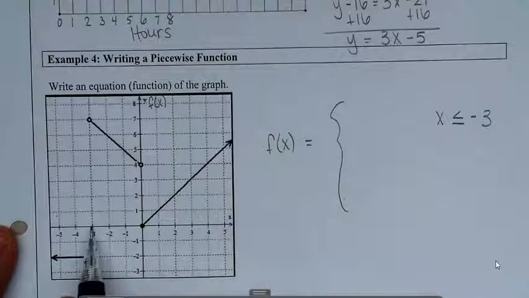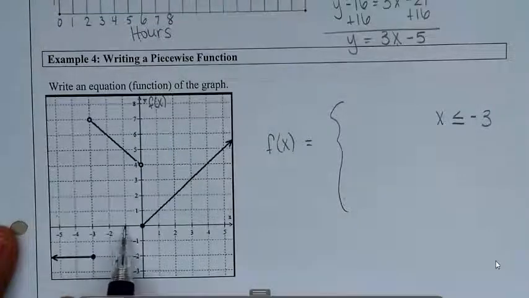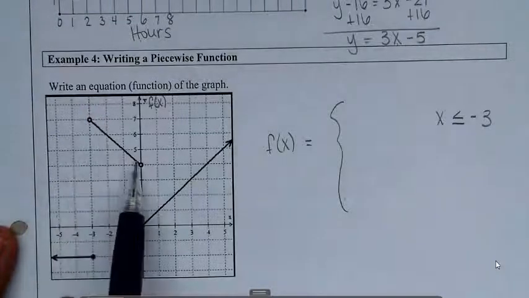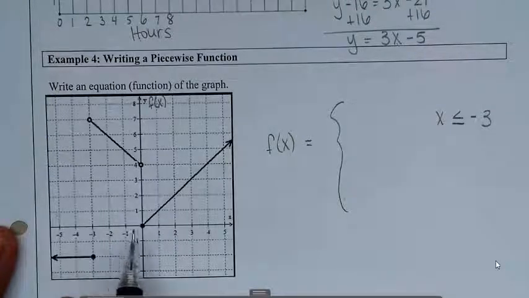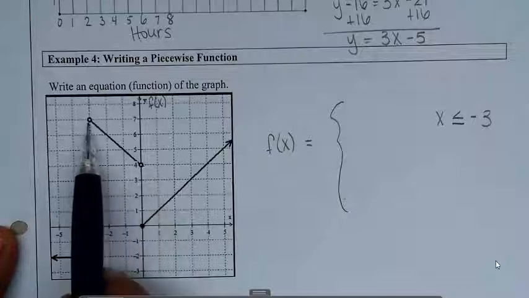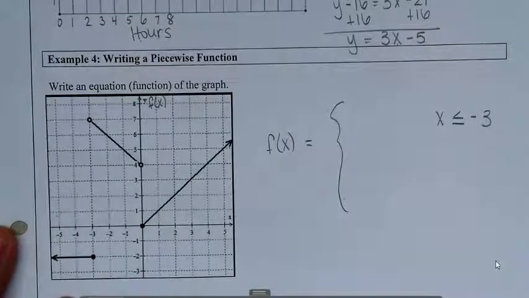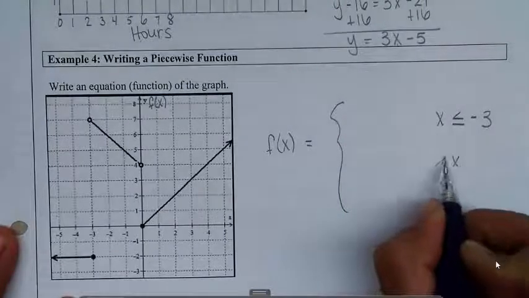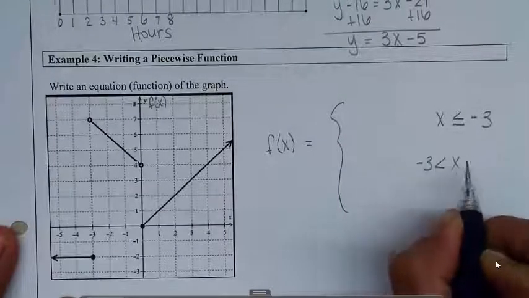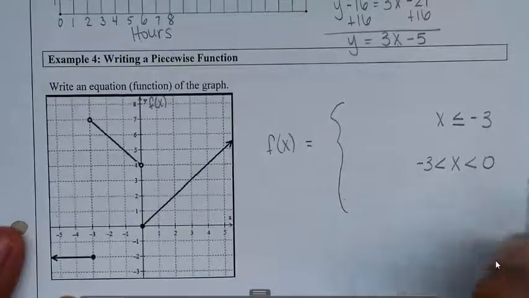Okay, I'm looking, what is my domain of these pieces? And the domain is all your inputs, or the x-axis. So looking at this piece of the function, my domain seems to go from negative 3 to 0. But notice how these are both open dots. So there will be no equal to at all. Okay, so for that one, x is going to be in between negative 3 and 0.